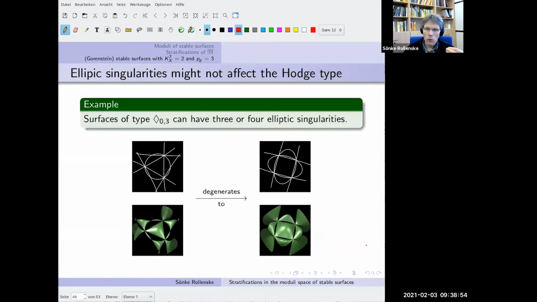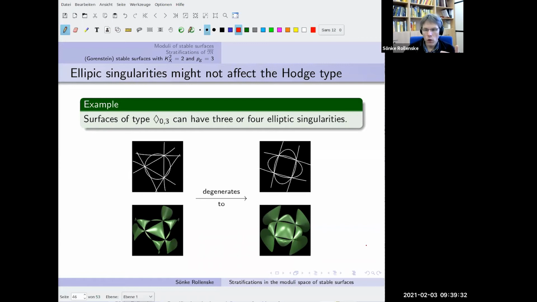We have discussed, when we looked at the exact sequence, that maybe at some point an elliptic singularity might not be picked up by X because it gets eaten by the minimum resolution. And indeed, if all the PGs go down to weight 1, then you can have either 3 elliptic singularities, like these 3 quadruple points here, or 4 singularities.